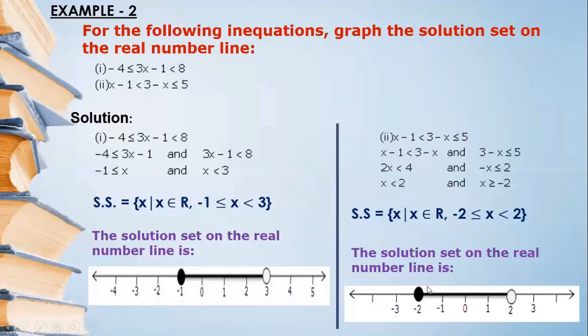So on minus 2 we will make a dark circle, and 2 is not included since here we don't have the equal to sign. So the numbers which are less than 2 are included, but 2 is not included. So on 2 we will make a hollow circle. Then the numbers between minus 2 and 2 are also included. So starting from minus 2 up to 2, we will make a dark line.